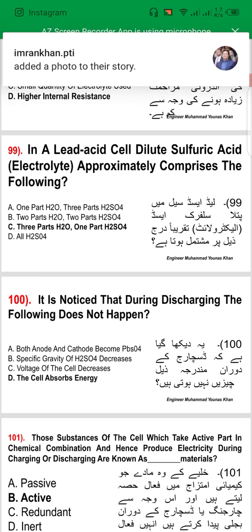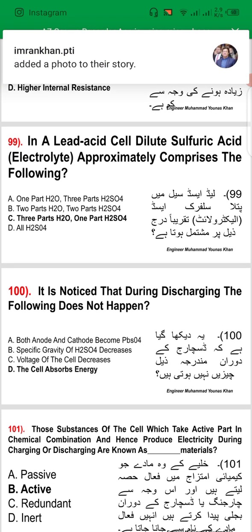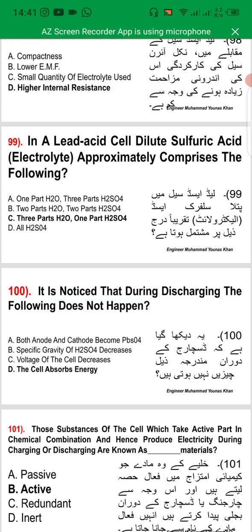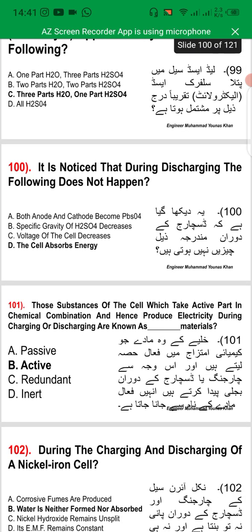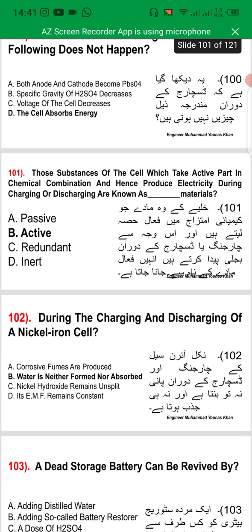In a lead acid cell, the dilute sulfuric acid electrolyte approximately comprises the following: 3 parts H2O, 1 part H2SO4. It is noticed that during discharging the following does not happen: the cell absorbs energy.